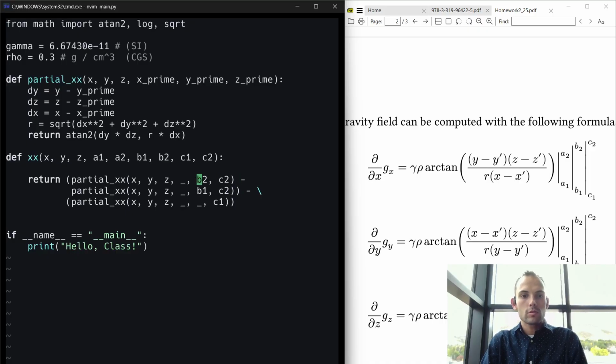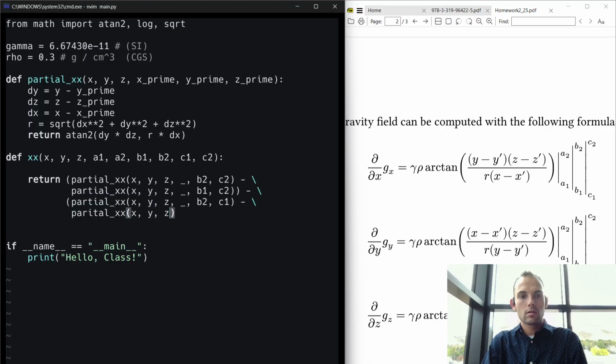So inside each one of these parentheses, we're going to expand B1, B2, and B1. Right, and now in this bottom one, we're going to do the same thing. B2, B1.